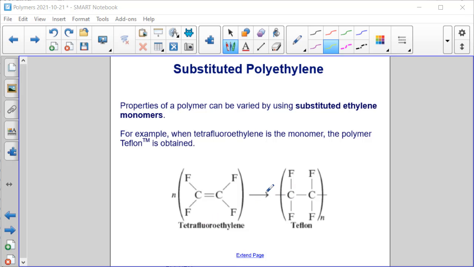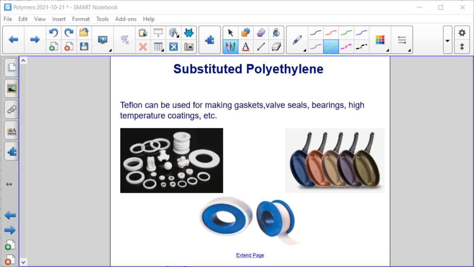Remember, we have some catalyst here where we break the double bond, and this polymer that we create is the trademark Teflon. Teflon can be used for making gaskets, valve seals, bearings, high temperature coatings like on nonstick cookware, along with many other things.